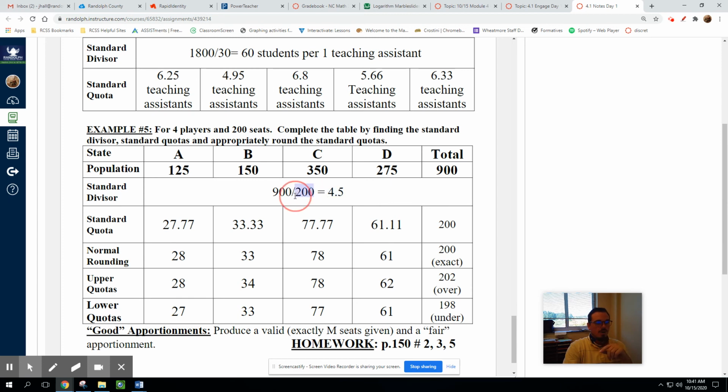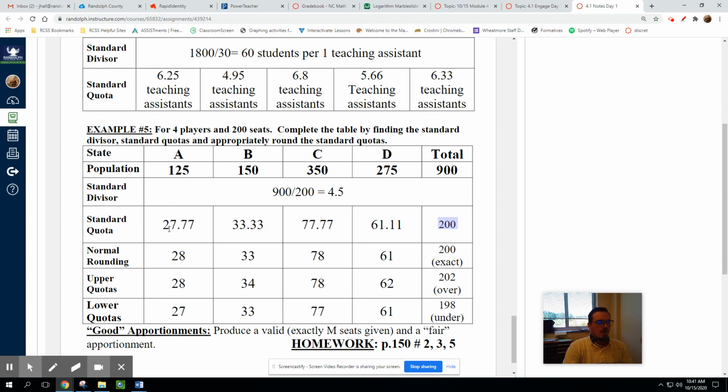Where did I get this 200? That's the seats available. The 900 is the total population of all the states. So 125 divided by 4.5, 150 divided by 4.5, 350 divided by 4.5, and 275 divided by 4.5. Now we add those standard quotas together, and what we should get is the 200 seats that we have exactly.